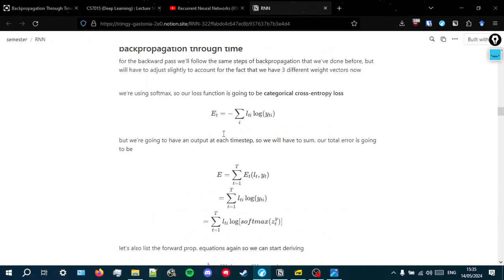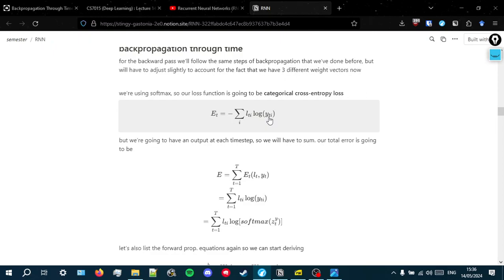So yeah, that will be our forward propagation, and the loss will be categorical loss. Since we're using softmax, we'll be using categorical cross entropy, and it will work in the exact same way, where we have a summation over all of the classes, with the true or target class that we want, and we calculate log of y.